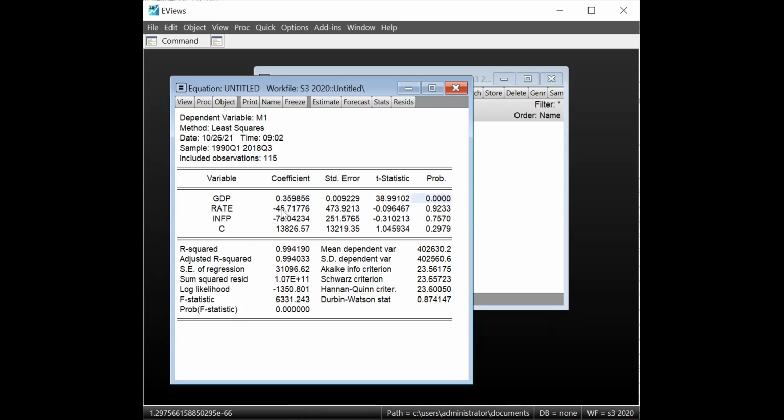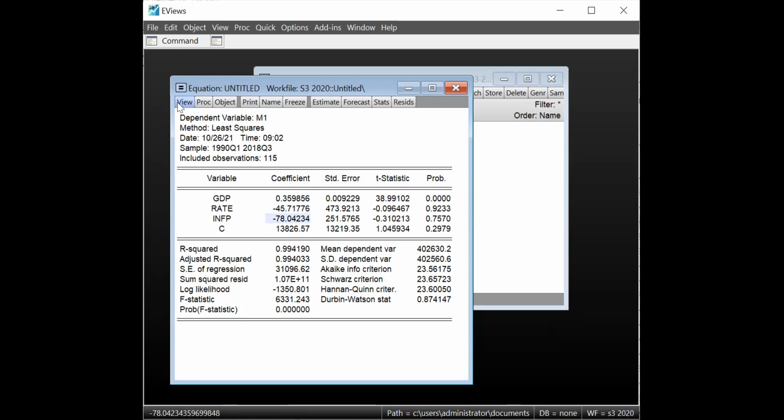But inflation should be positive. That means if prices increase, the demand for money also increases, because we need more money to fulfill our expenses as the price has increased. Here we have negative but not significant.